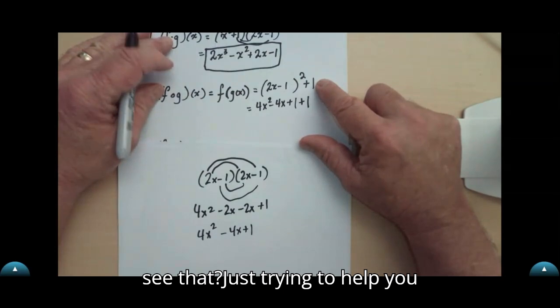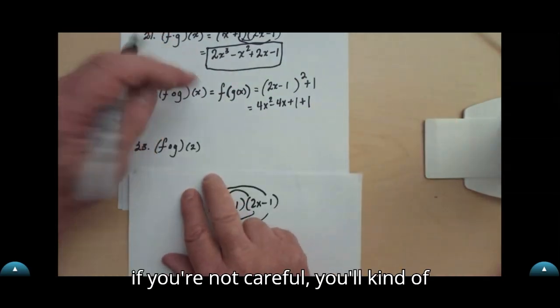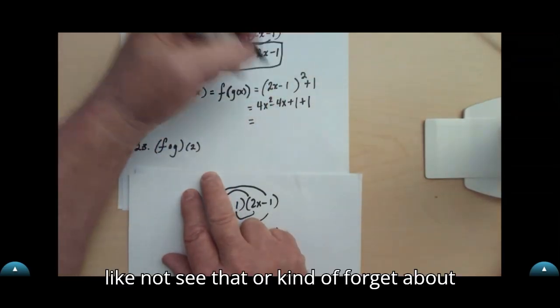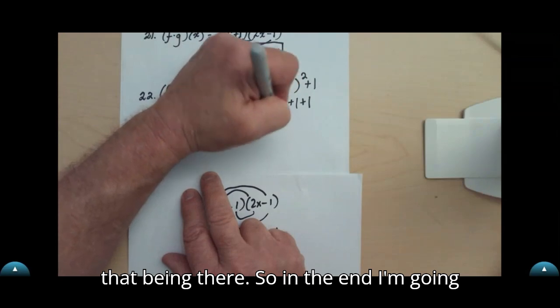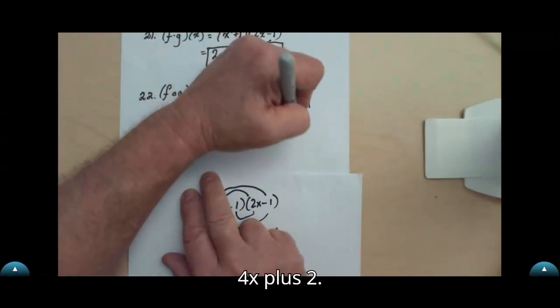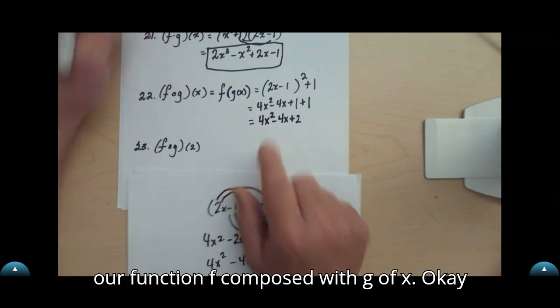Y'all see that? So just trying to help you remember that there's little minor things. If you're not careful, you'll kind of not see that or forget about that being there. So in the end, I'm going to get 4x squared minus 4x plus 2. Everybody see that? And that's our function f composed with g of x.